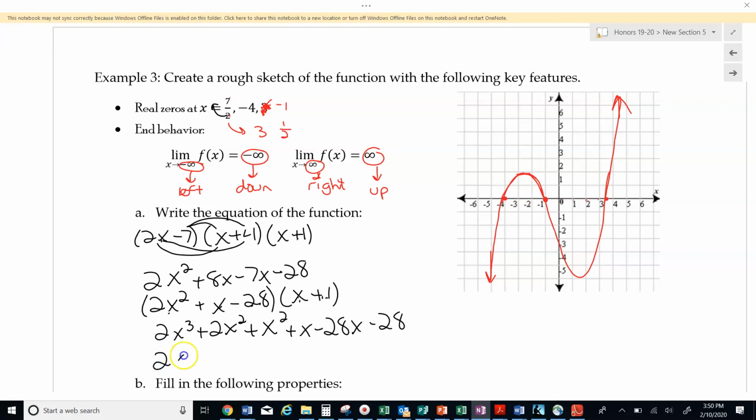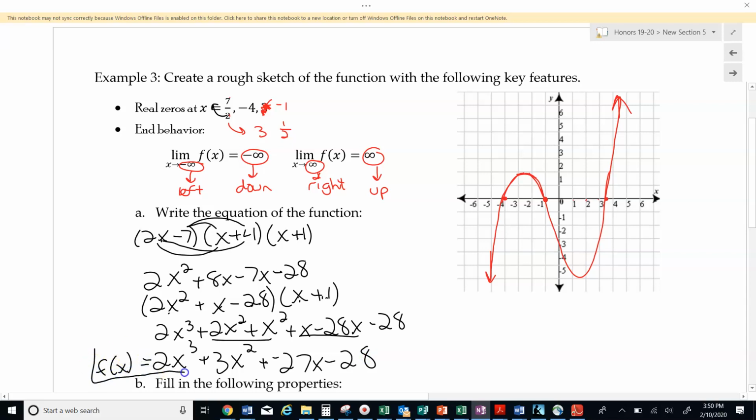So then I have 2x cubed plus these combine, 3x squared, plus these combined, negative 27x, that really should be a minus, minus 28. That is our beautiful function that we graphed.